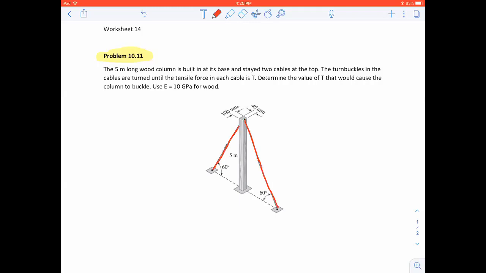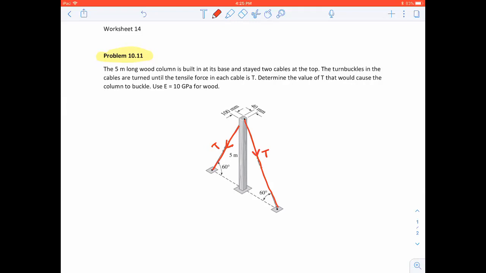The turnbuckles in the cables are turned until the tensile force on each cable is T. Determine the value of T that would cause the column to buckle.